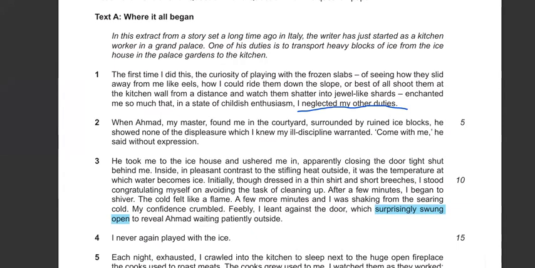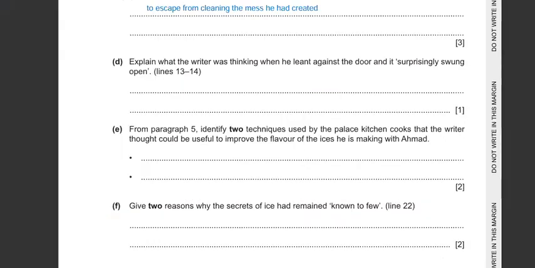So the writer assumed that he was not allowed to go inside, or the pathway where the writer was standing was a passage where they usually used to keep the ice blocks. So the writer was considering that he had been punished and blocked over here, right? So let's proceed with writing answer number D.